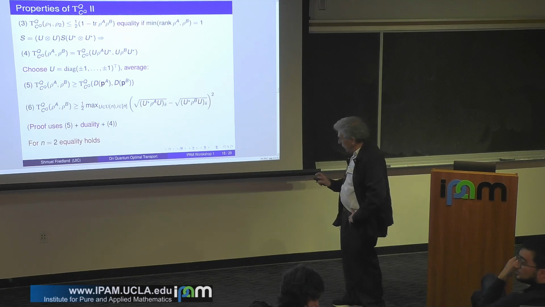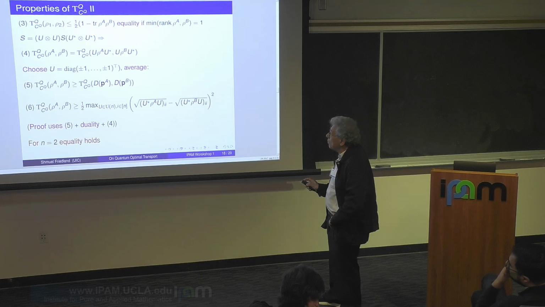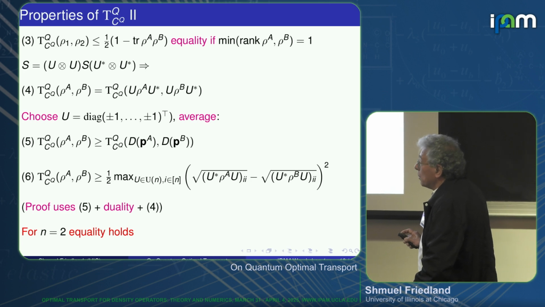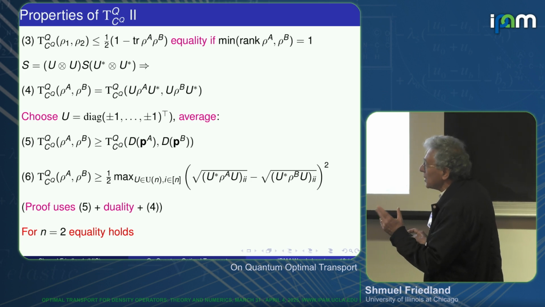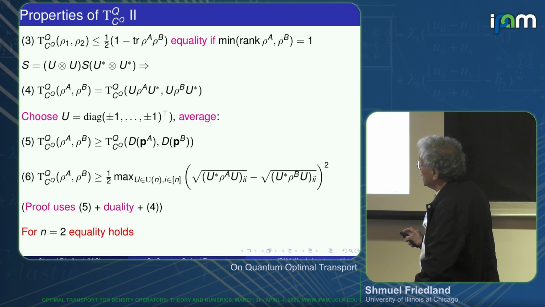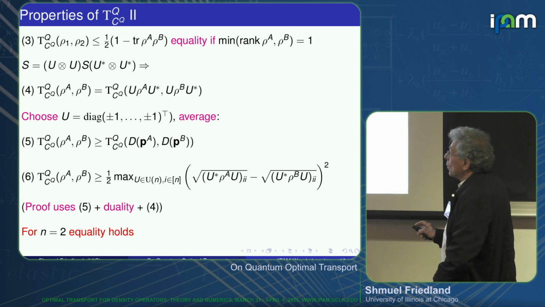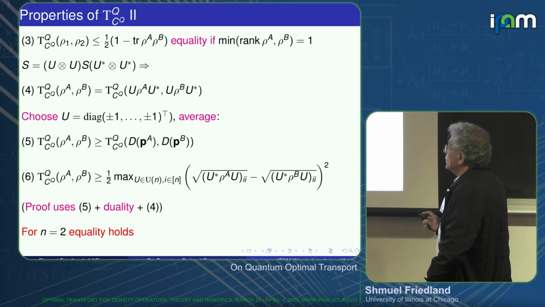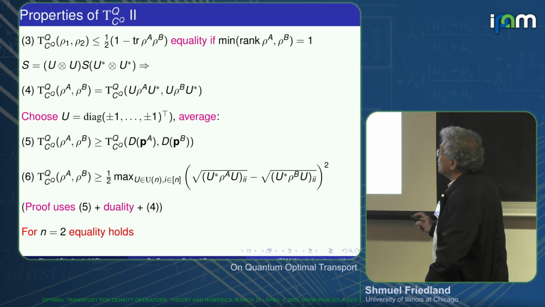So let's look at some properties. First of all, the quantum optimal transport with respect to this swap, or this projection on the skew-symmetric matrix, is less than or equal to this one. Because you just take row 1 tensor row 2, and this is the minimum. Now, if the minimum rank is 1, this gamma q is it. And therefore, it's equal.